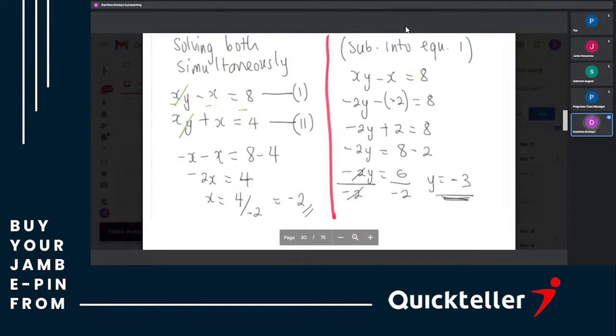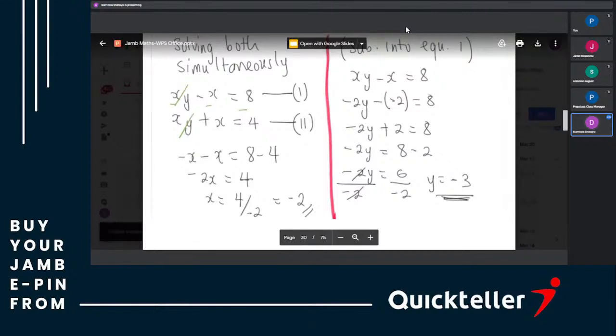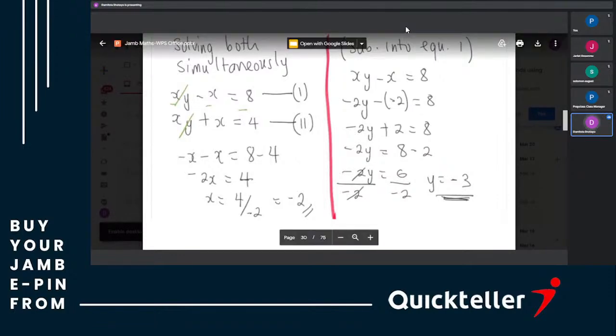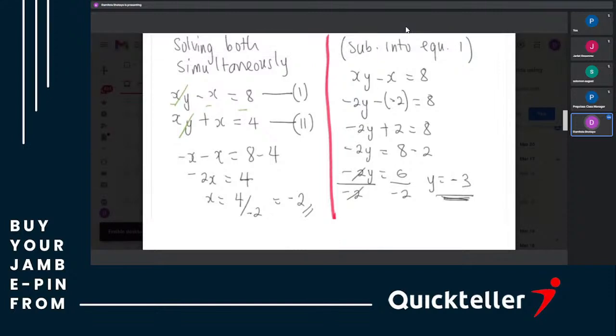Now plug in this x equals minus 2 into any of the equations. Now substitute into equation 1. Equation 1 is xy minus x equals 8. Now plug in x equals minus 2, so replace the x by minus 2, and that will give me minus 2y minus bracket minus 2.